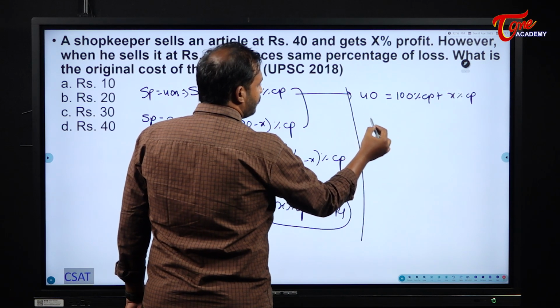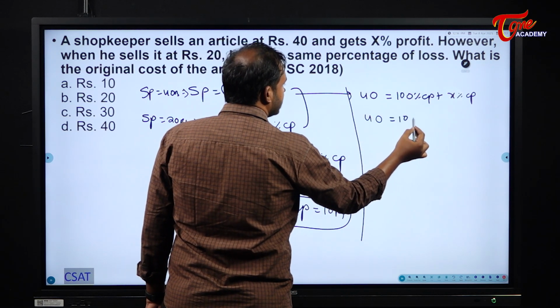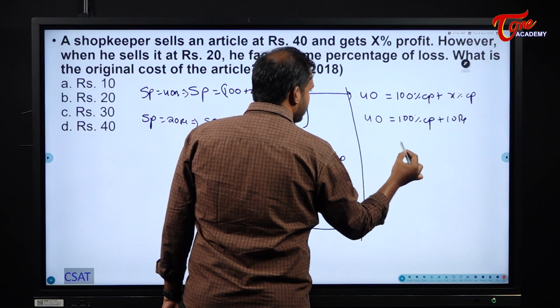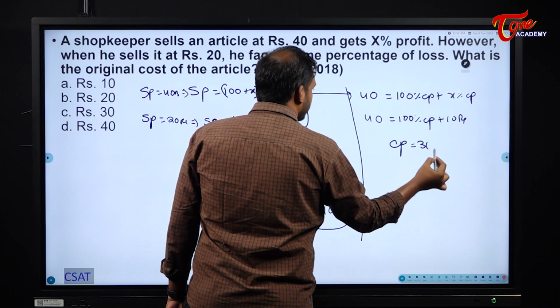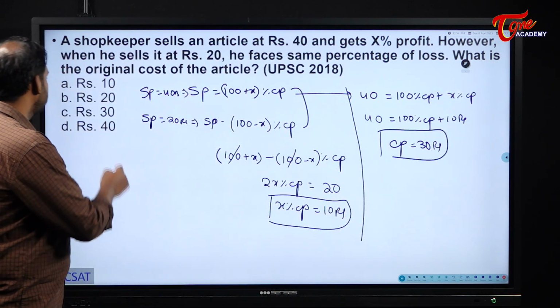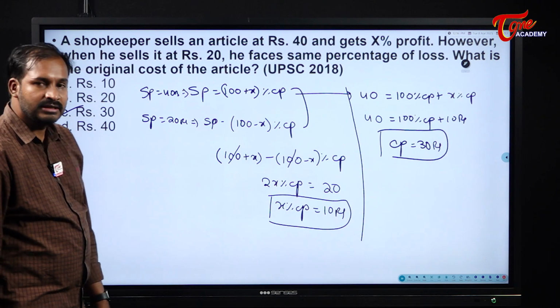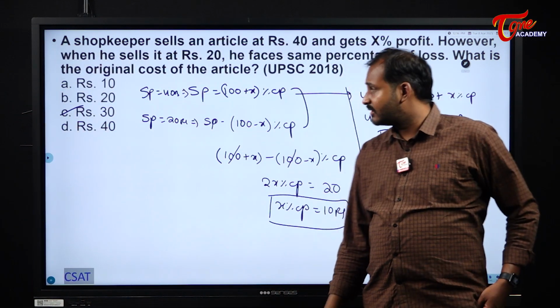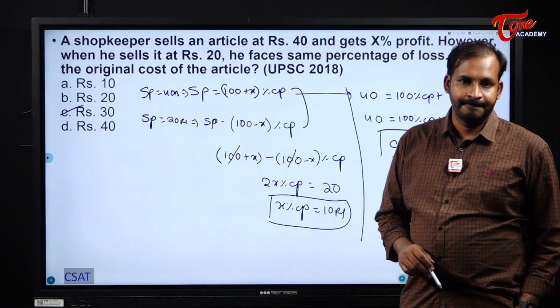That means 40 is equal to 100% of CP, or CP plus 10 rupees. Then the CP value will become 30 rupees. That means the original cost price is 30 rupees. Like that you can do. In many different ways you can do, and this is one of the methods.